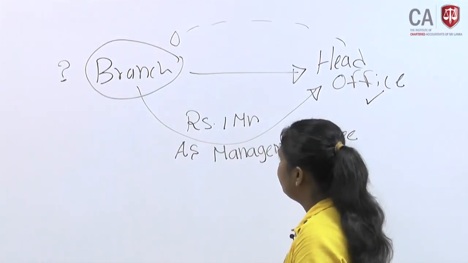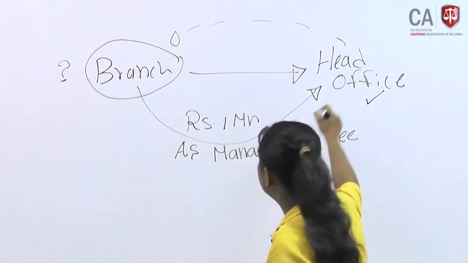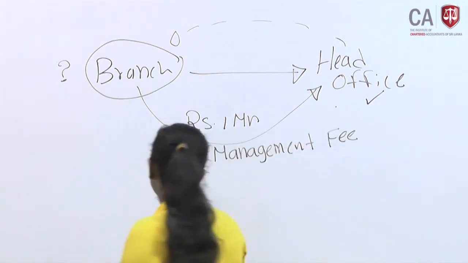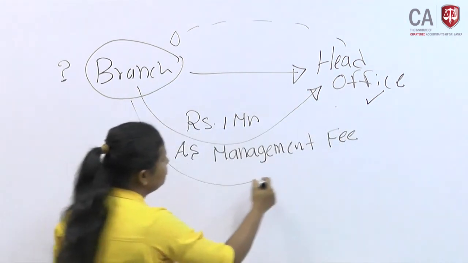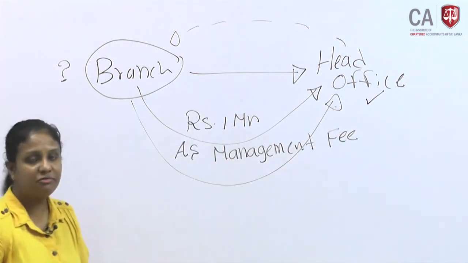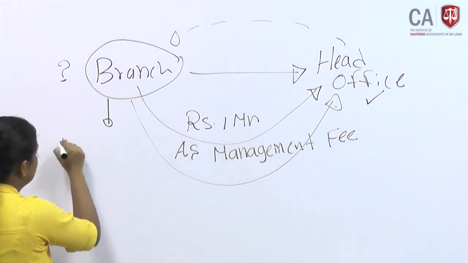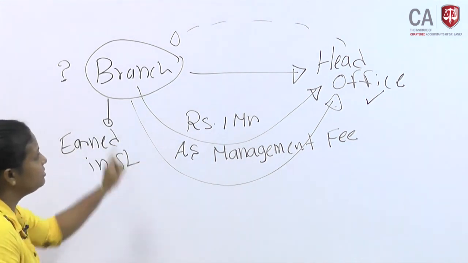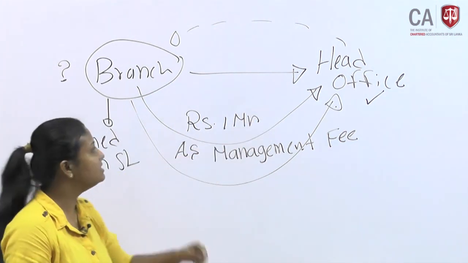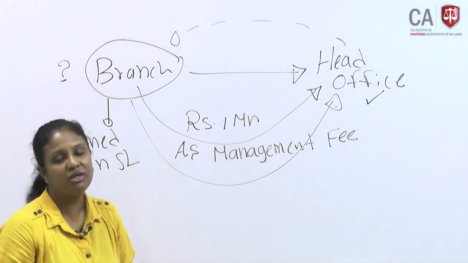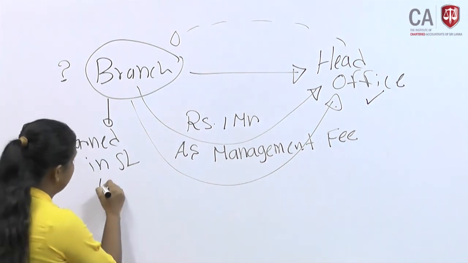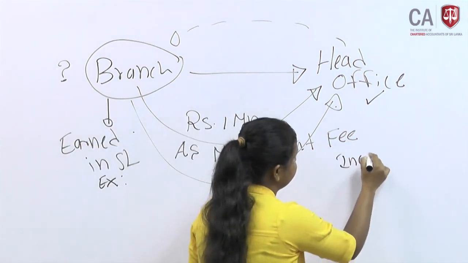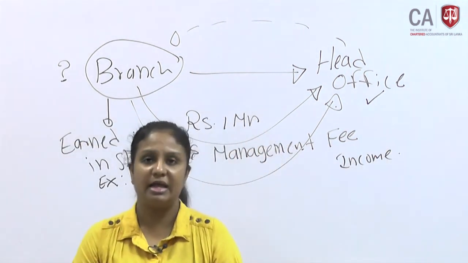Then by transferring this kind of management fee to the head office, what are they doing? They can shift the profit earned in Sri Lanka, easily transferring it to the head office under the concept of management fee. Then this is an expense to the branch, and this is income to the head office.